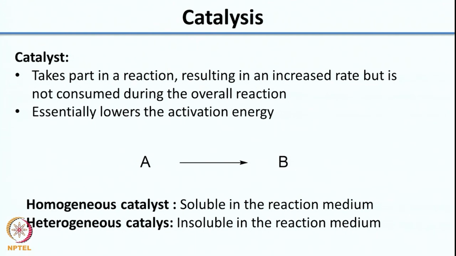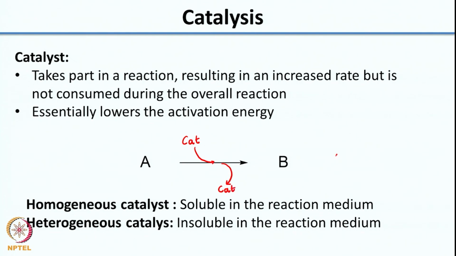So, if I have a reaction of A going to B, what a catalyst does is it will come into the reaction, increase the reaction rate, and once the reaction is done, it will go back.